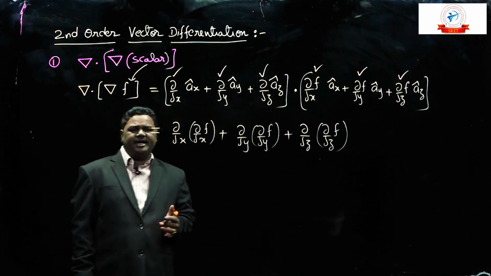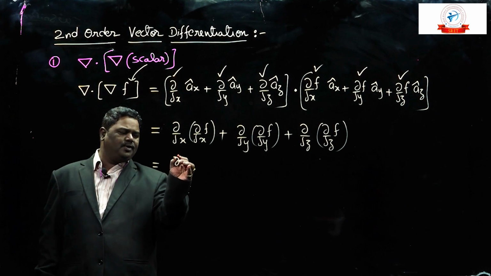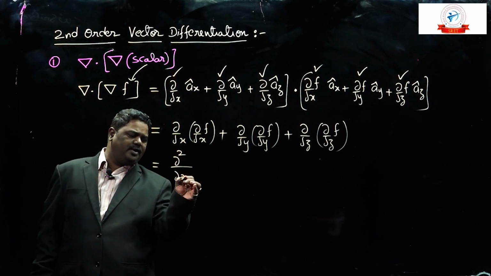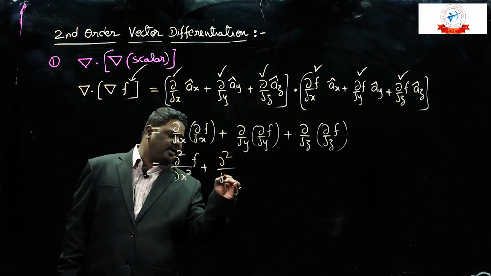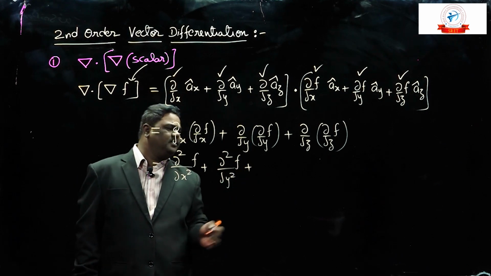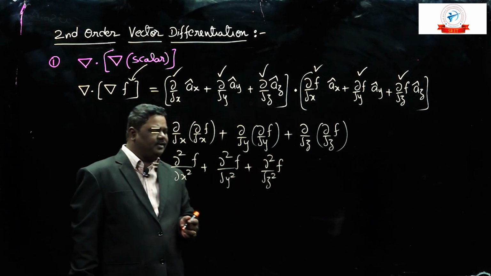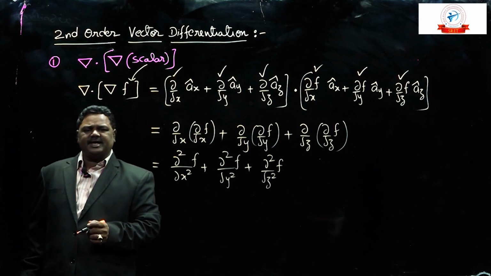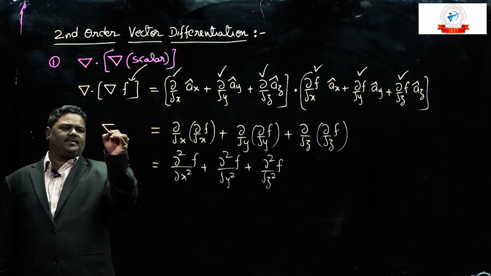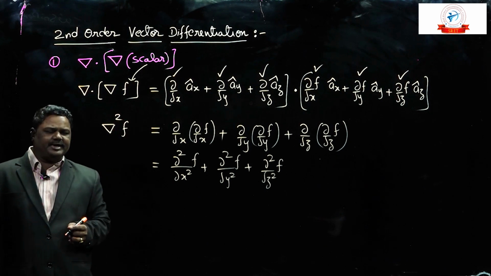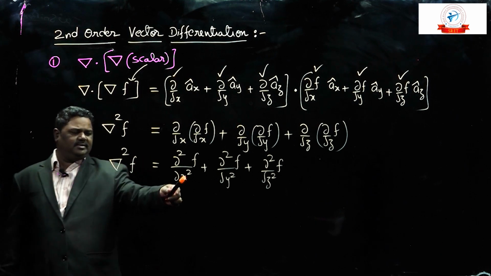Here in each term we are applying differentiation a second time. So it becomes dou square by dou x square of f plus dou square by dou y square of f plus dou square by dou z square of f. This is the right side equation. On the left side, this del dot del becomes del square of f. So we say that del square of f is equal to this equation.